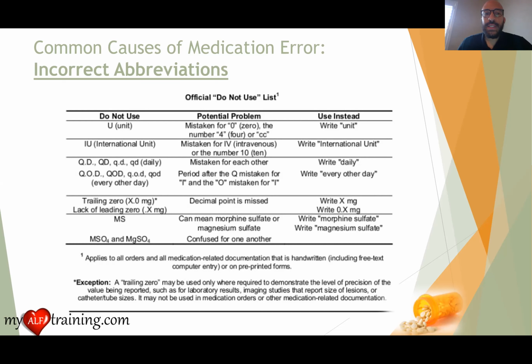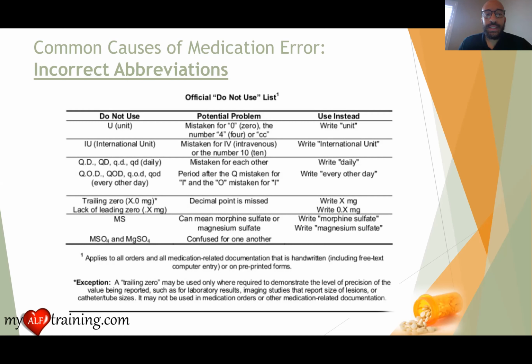You can see how easily, if you write a U and then someone writes an IU, depending on their handwriting, you may make a mistake. And these mistakes, moving one decimal point, 1.0, over to the left or over to the right, significantly decrease or increase the dose of a medication, and as a result can have a huge impact on its effect on the patient, or lack of effect.